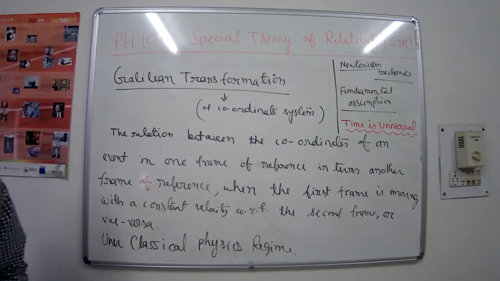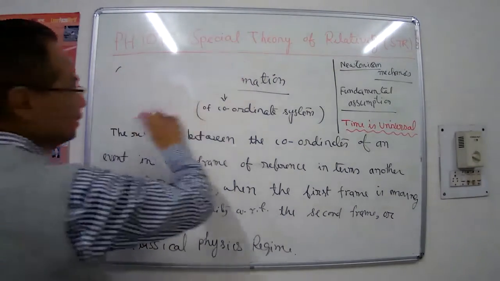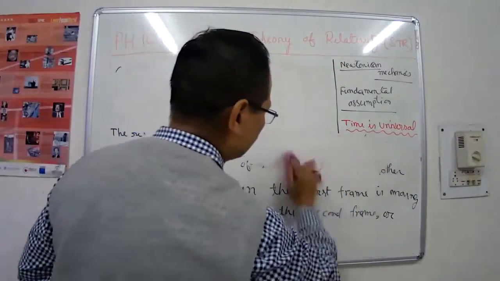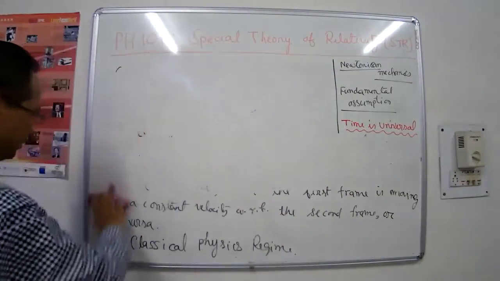So this is one very important assumption. What is meant by universality of time, which is the fundamental assumption in Newtonian mechanics?